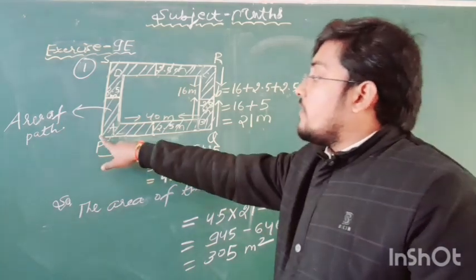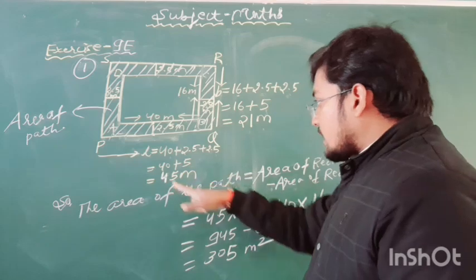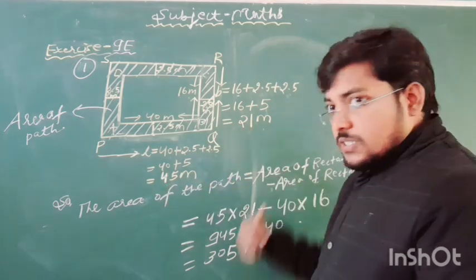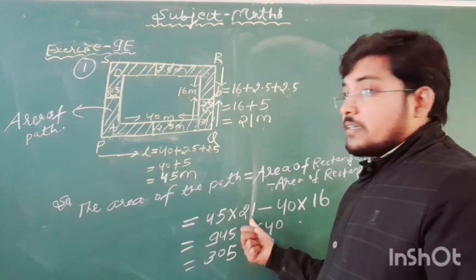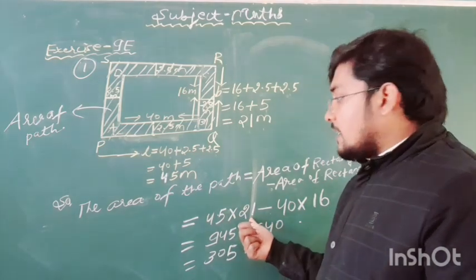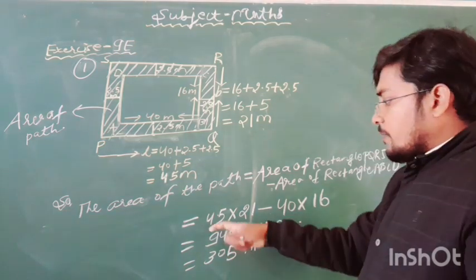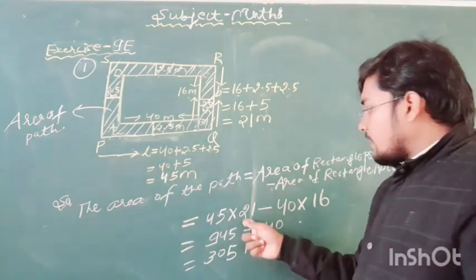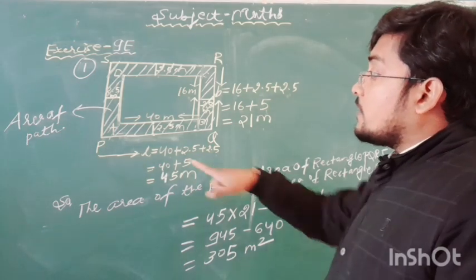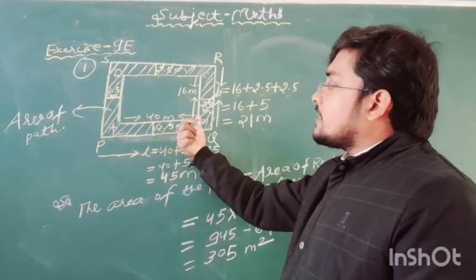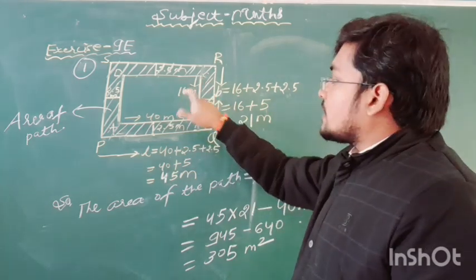The length of rectangle PQRS is 45 meters and its breadth is 21 meters, so the product of 45 and 21 gives its area, minus the area of rectangle ABCD, whose length is 40 meters and breadth is 16 meters.